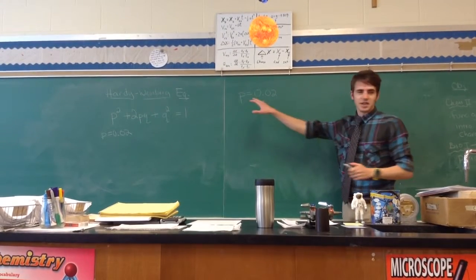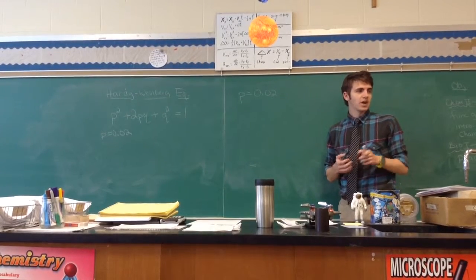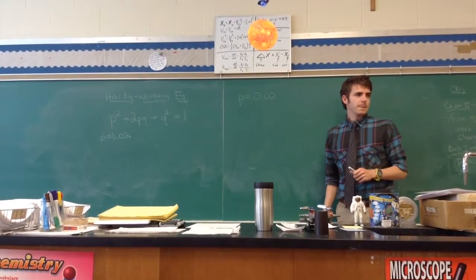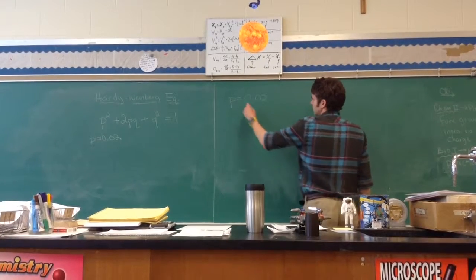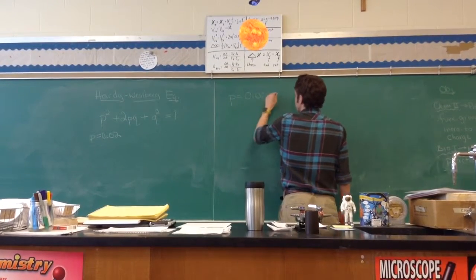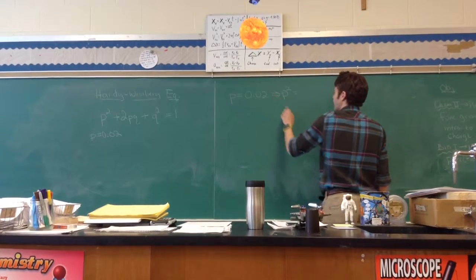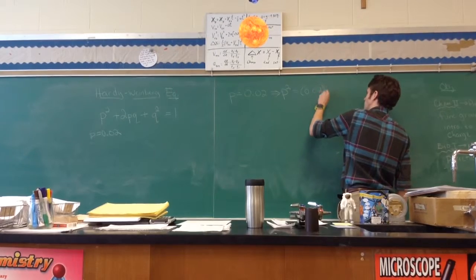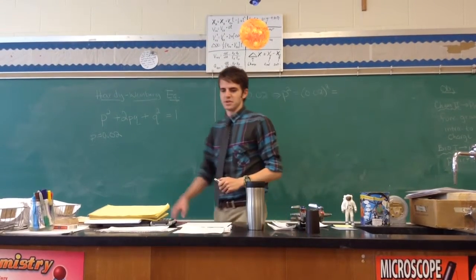How did we isolate P in our example in class last time? How did we get P by itself? We had P squared, how did we solve for P? We took the square root. So now we have to take that to the second. Right, yeah. So if we want to use P squared, we need 0.02 squared. And what is 0.02 squared?